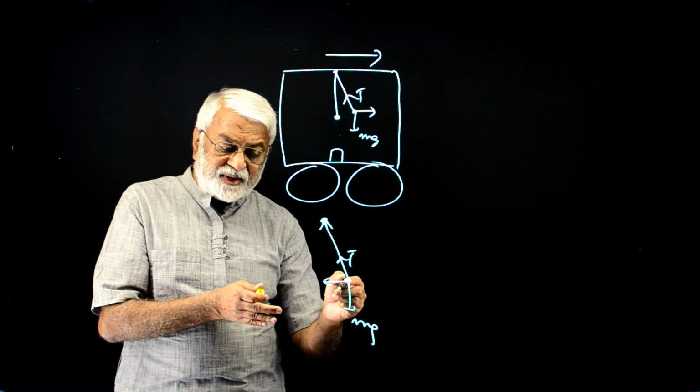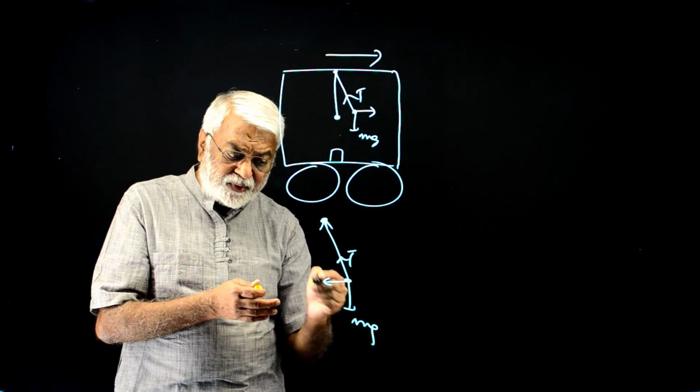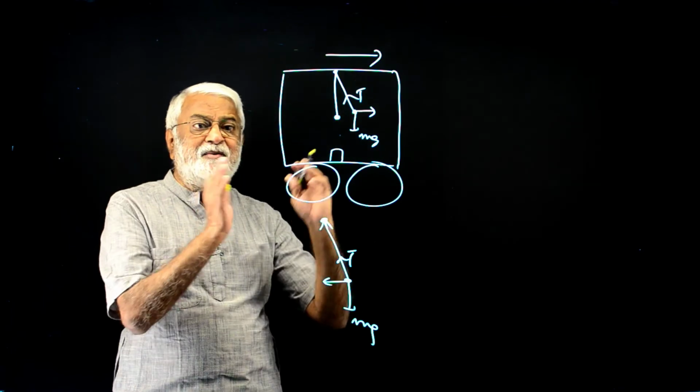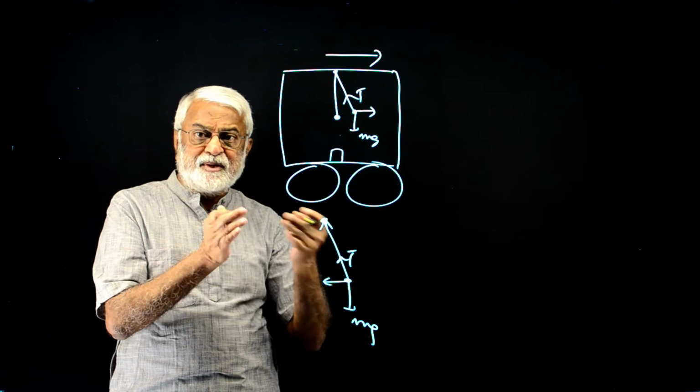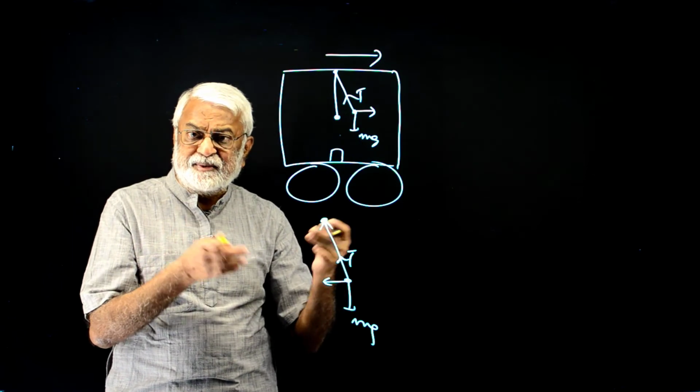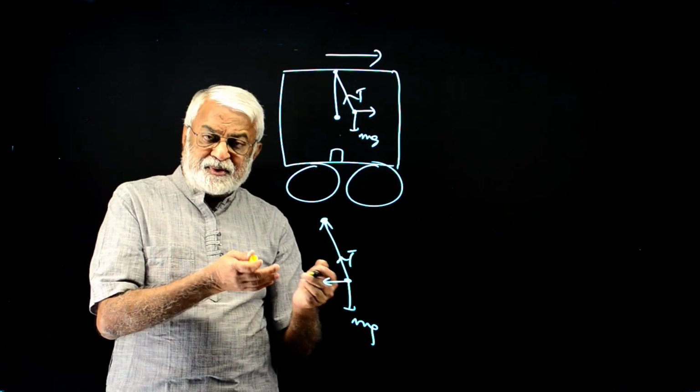This is the acceleration that's required. There's no force here. There's an acceleration here along with the truck. But the observer inside the truck doesn't see that. For him, the truck is not going around a circular path. The truck is at rest.